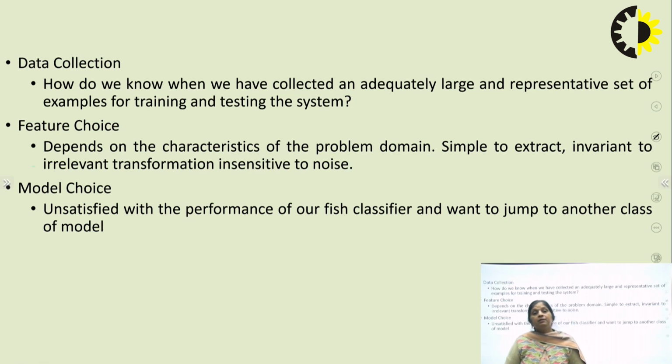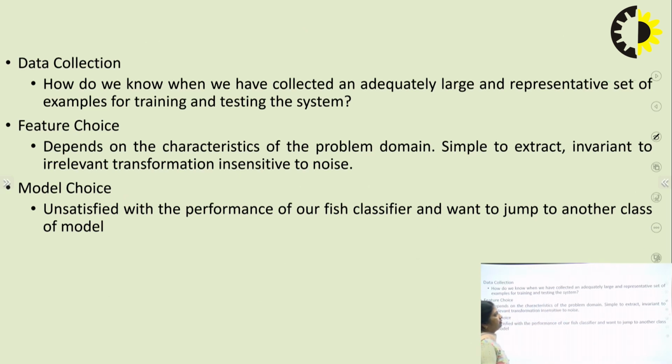Well represented means it should be independently and identically distributed among the domain. For example, if we are designing a system for age prediction, then we should take the images and their ages from each age category. We cannot design an age predictor by taking all the images of persons between, let me say, 30 to 40. No, it's not possible. We have to take images from different segments of age.